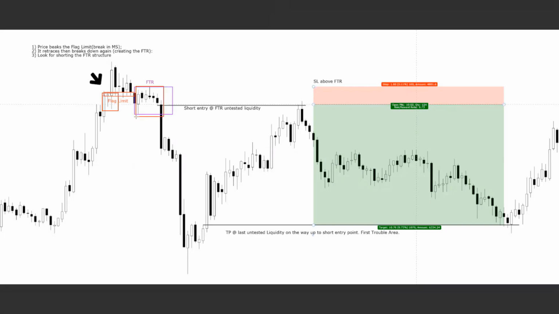That's your FTR. And when price broke down, it never came back and tested this area up here. Okay. That's the area from which price left this FTR with good momentum. So that's your entry, and you're targeting the bottom of this swing there, that fresh pocket of liquidity down at the lows.